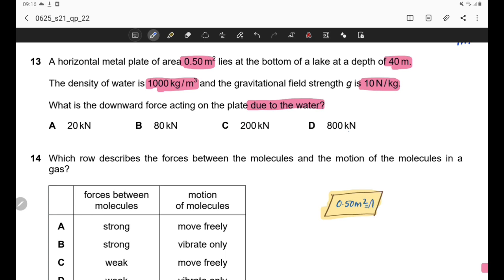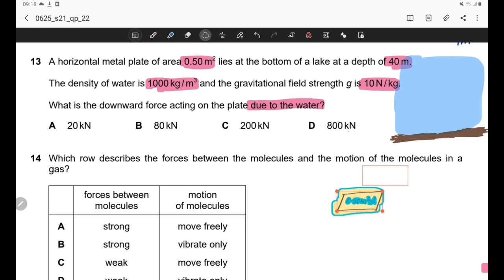That is the area. Now this plate lies at the bottom of a lake. So there is a lake. This plate lies at the bottom of the lake at a depth of 40 meter.